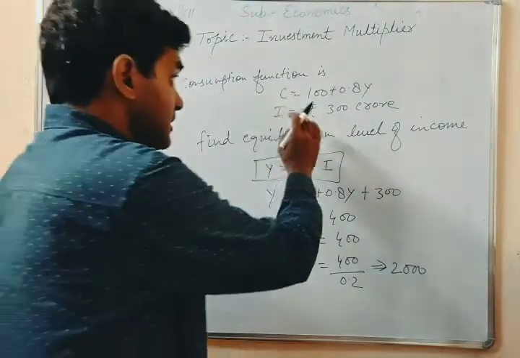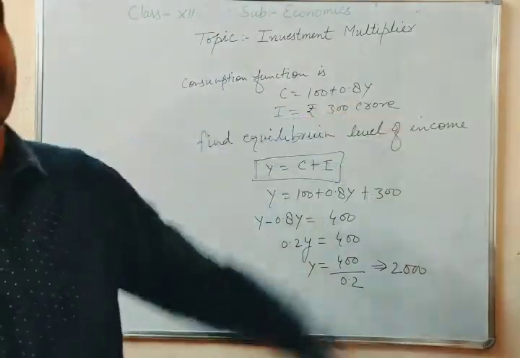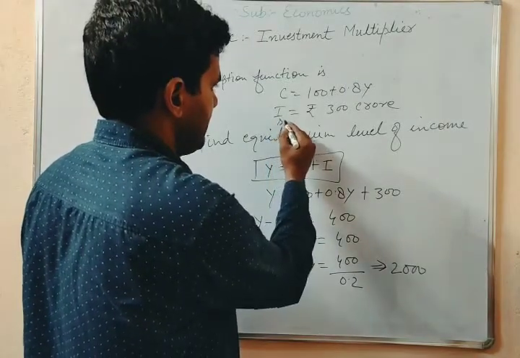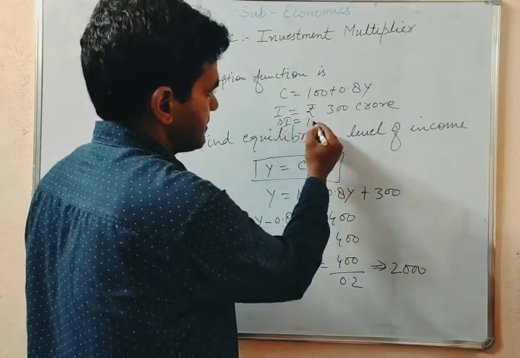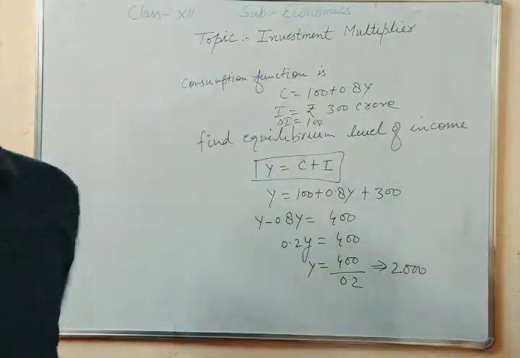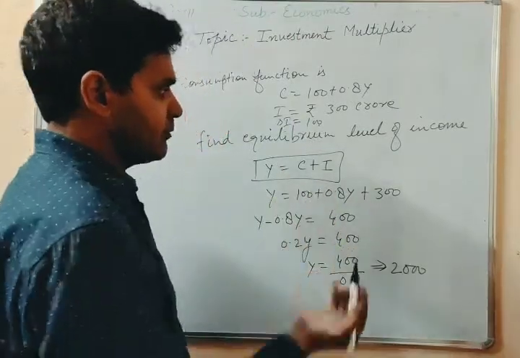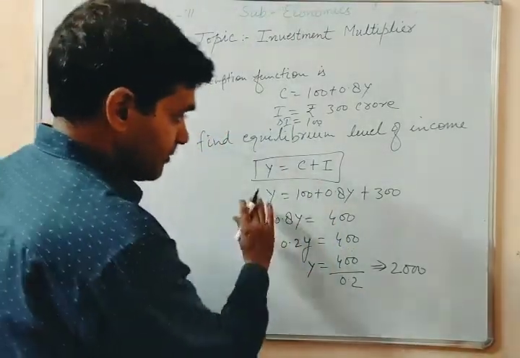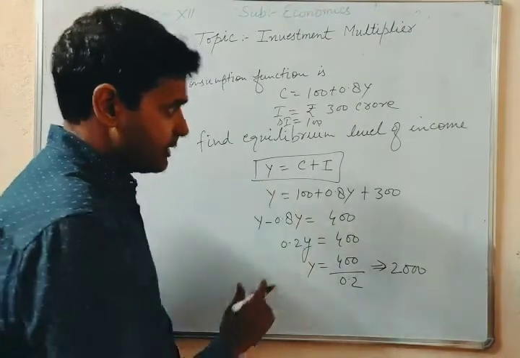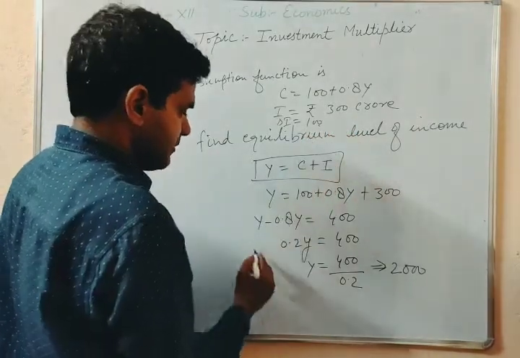Now suppose this autonomous investment is changed by the firm, and delta I becomes 100. So the new investment will be 400.